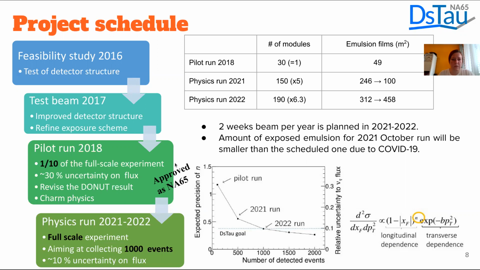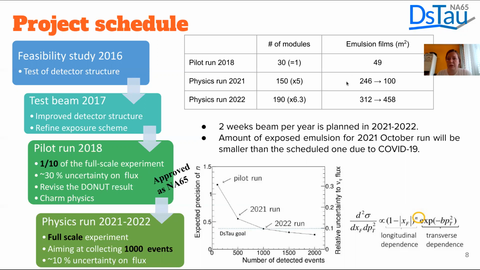After the pilot run, our experiment was approved as NA65, and now we are preparing for the physics run this year and the next year. This year, the physics run will start at the end of September.